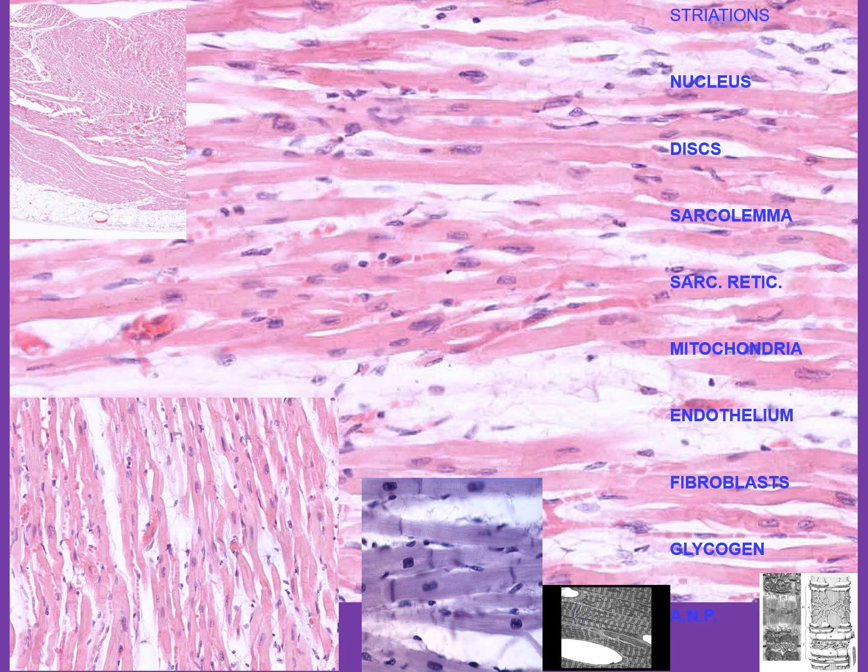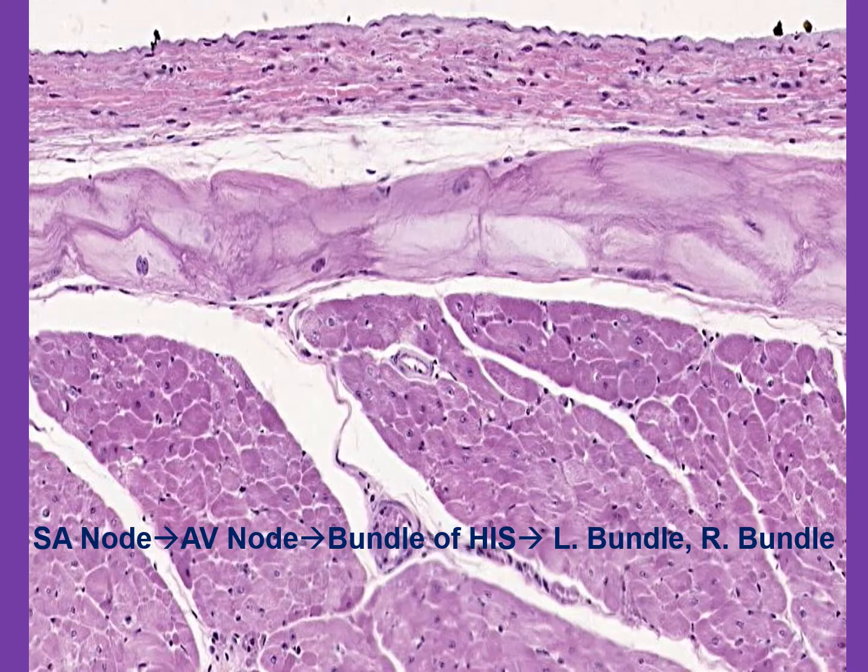So a brief review of the histology of the heart. You have your striations. You can see the nuclei, the intercalated disc, your sarcolemma, your sarcoplasmic reticulum, the mitochondria, the endothelium, the fibroblasts, and your collagen. Now we can see here the different conducting systems of the heart.